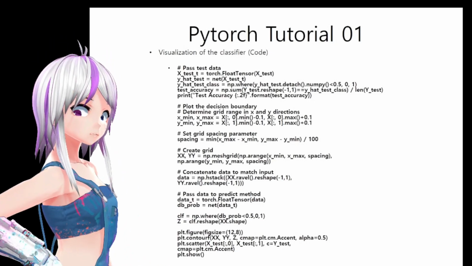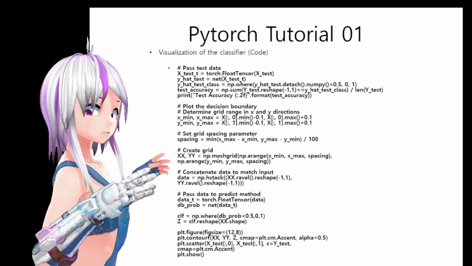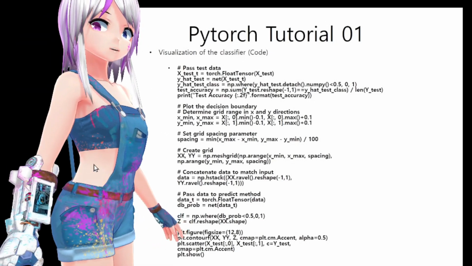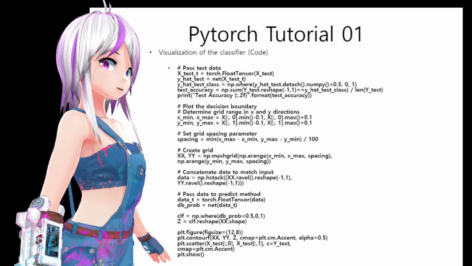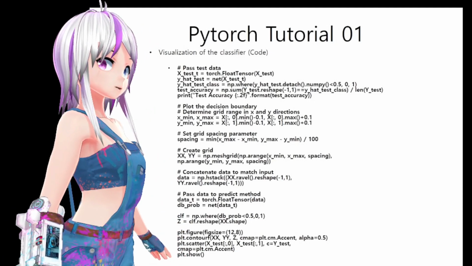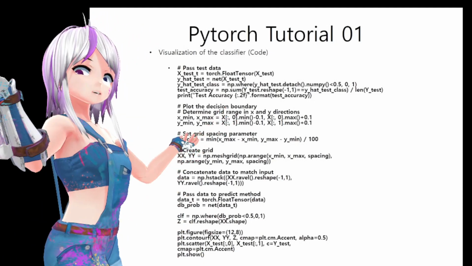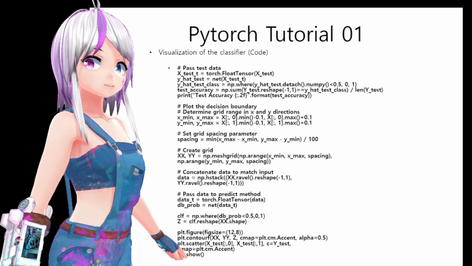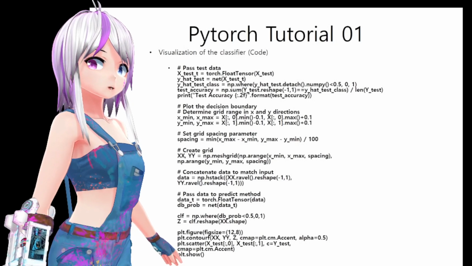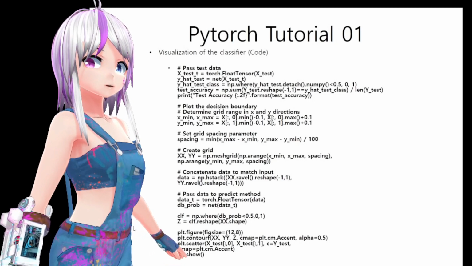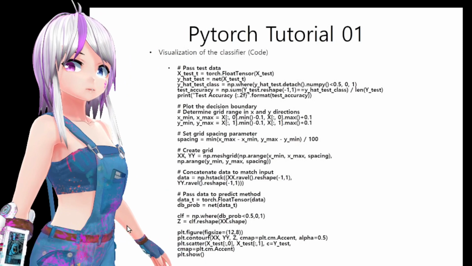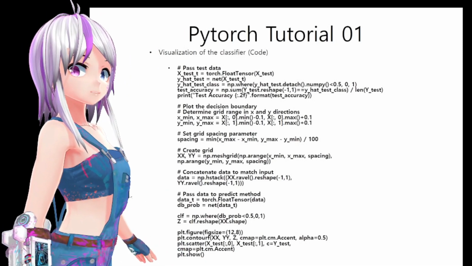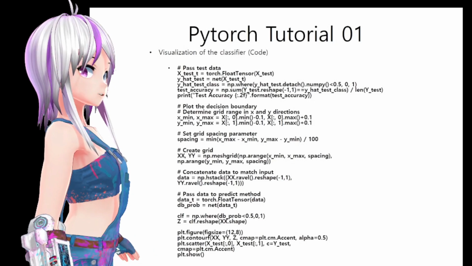The spacing parameter is computed from the previous one, and we create the grid, and then we concatenate data to match the input, and then pass the data to the predict method by using torch.FloatTensor, and then we use the net function again, and then we reshape to xx dot shape.